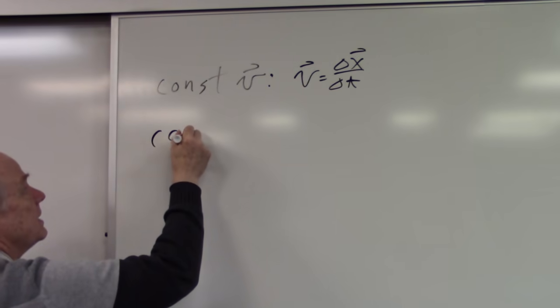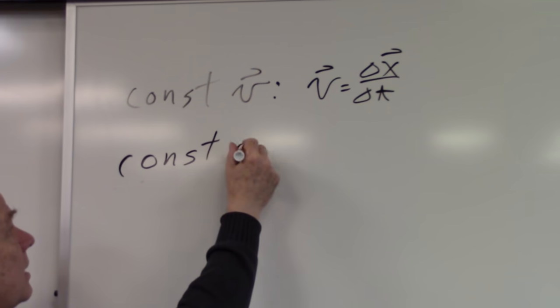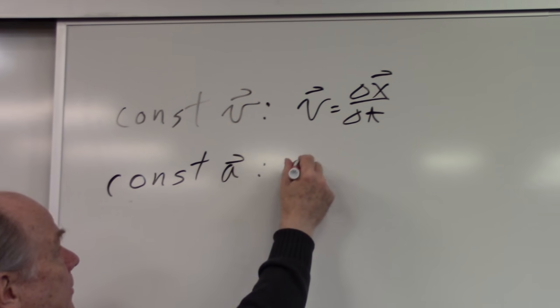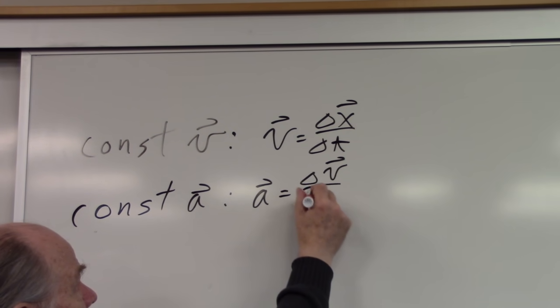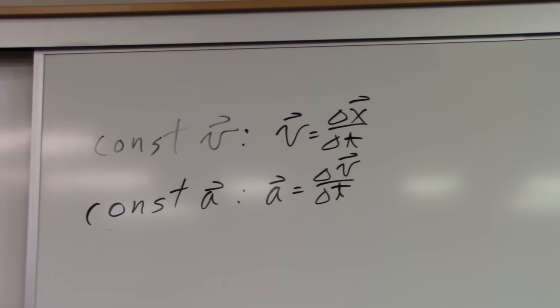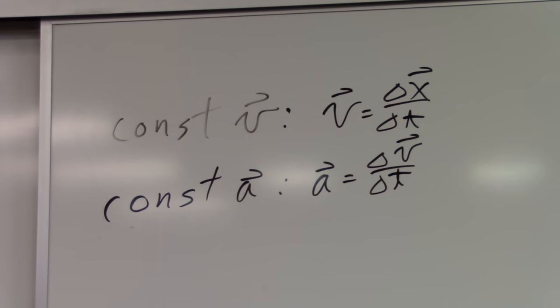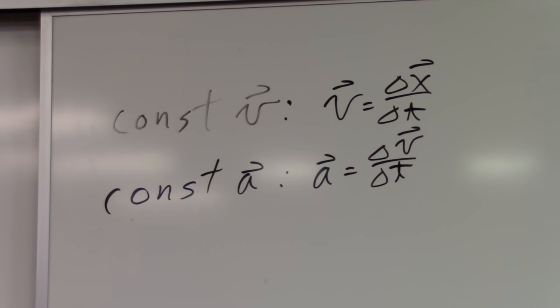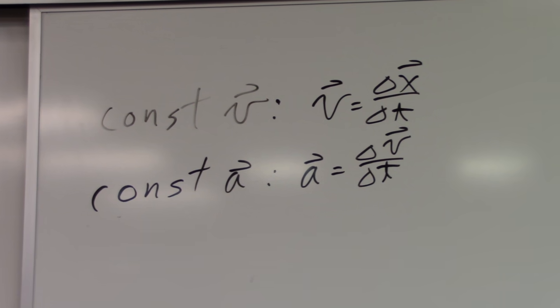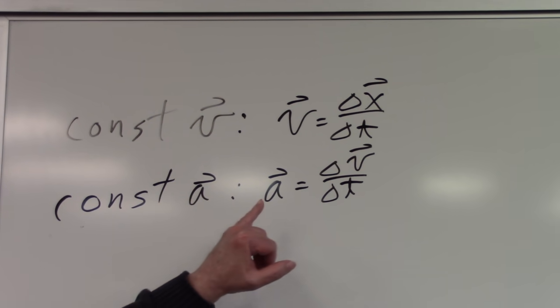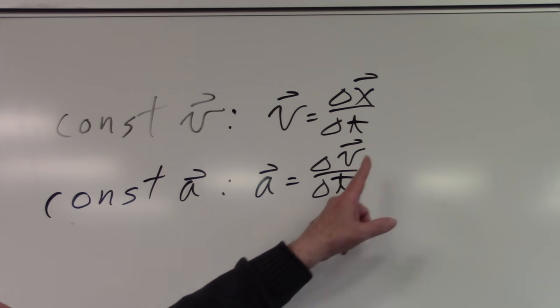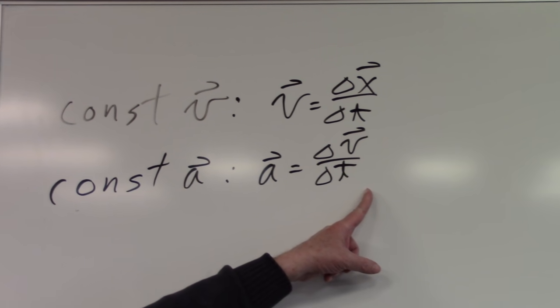For constant acceleration, we have a equals delta v over delta t. And a thing to keep in mind is that the acceleration is going to be the slope of the velocity time graph.